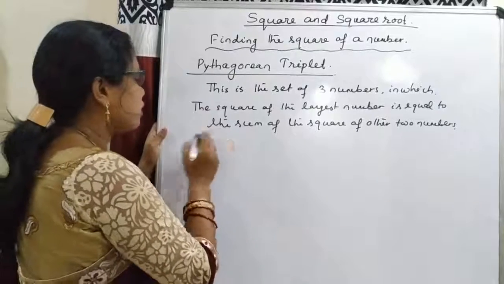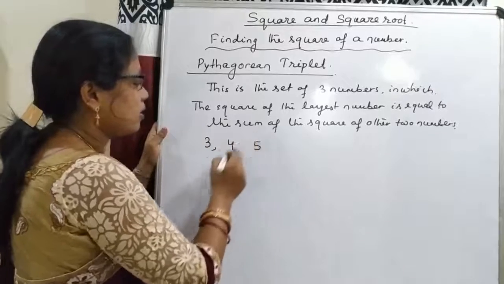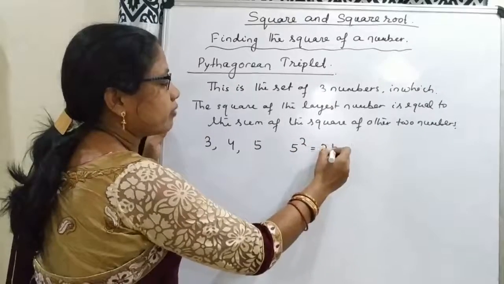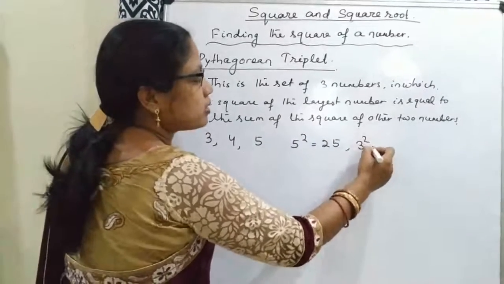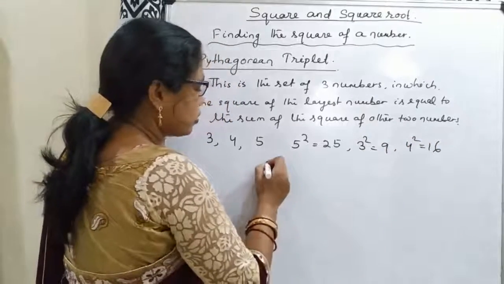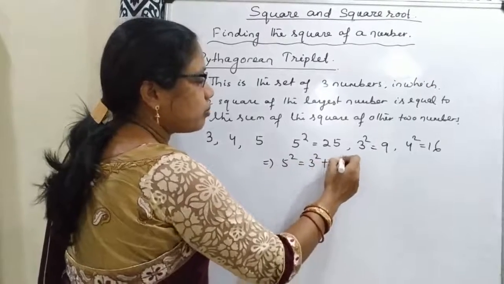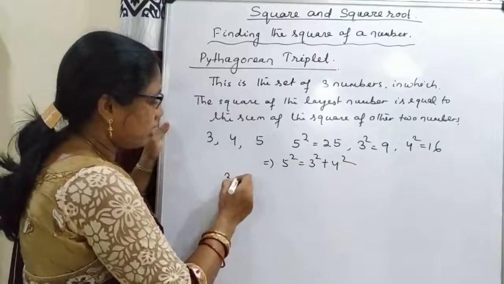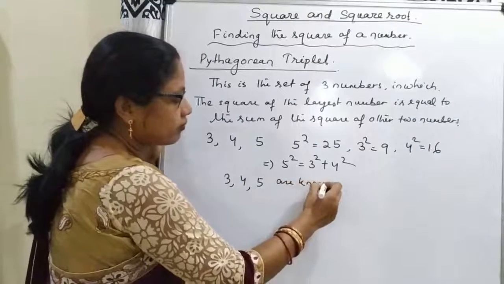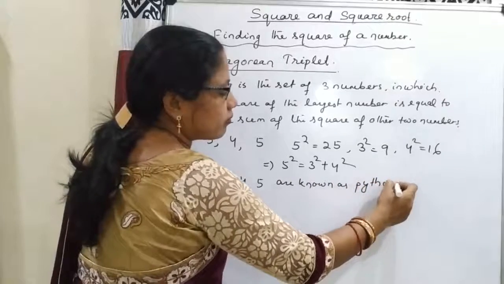So consider 3 numbers 3, 4 and 5. Here 5 square is equal to 25, 3 square is equal to 9, and 4 square is equal to 16. So here we got 5 square is equal to 3 square plus 4 square. So 3, 4, 5 are known as a Pythagorean triplet.